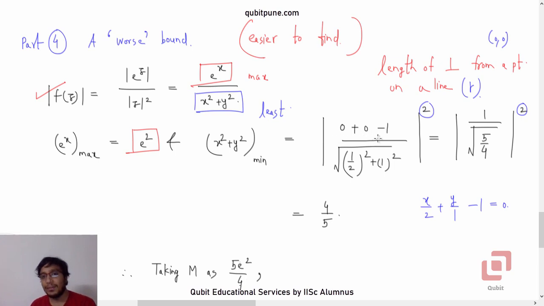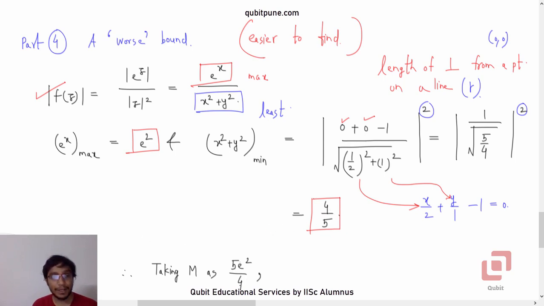It is (ax1 plus by1 plus c) upon root of (a squared plus b squared). Substitute the appropriate values, a as 1 upon 2 and b as 1, and of course c as minus 1, and x1, y1 to be zeros. If you do that, it will turn out to be 4 upon 5. So this is the denominator.